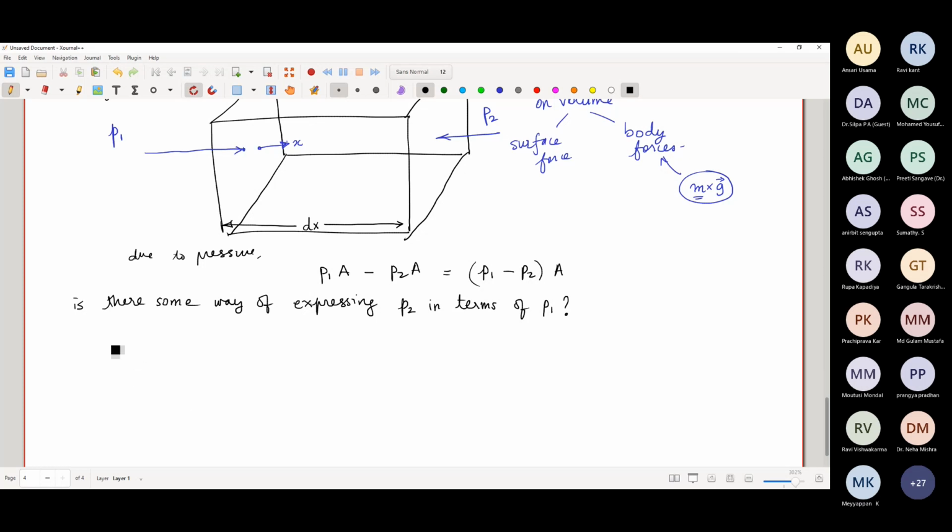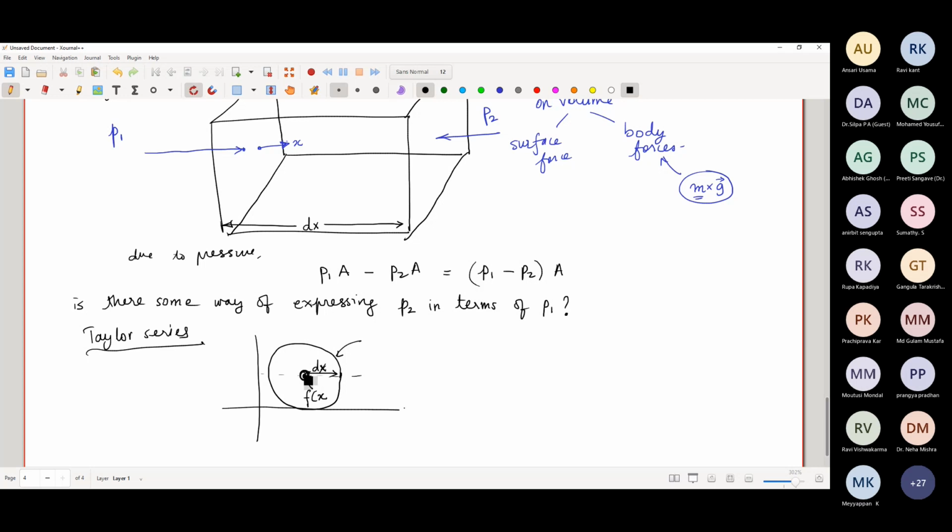So what it means is we will use a Taylor series, and it means that if you have a function at a certain point in the domain, let's say it's only a function of x. So let's say that at this point the function is f of x. I can write down an approximation of the value of the function at a distance delta x from the point under consideration.